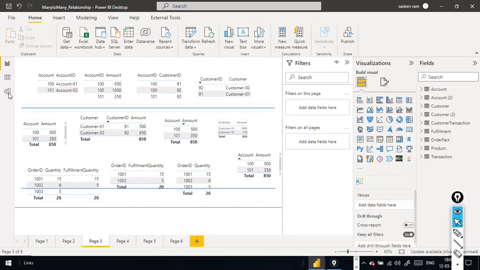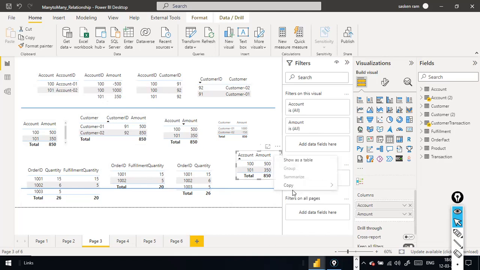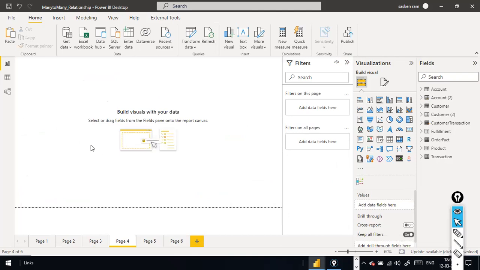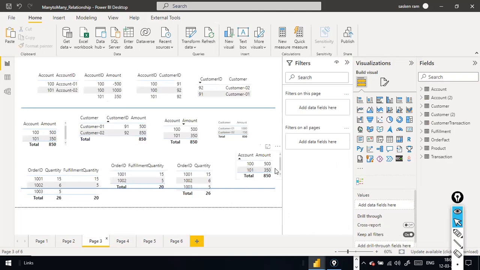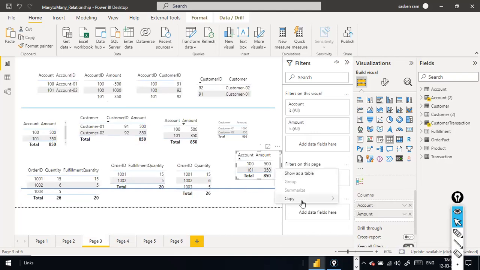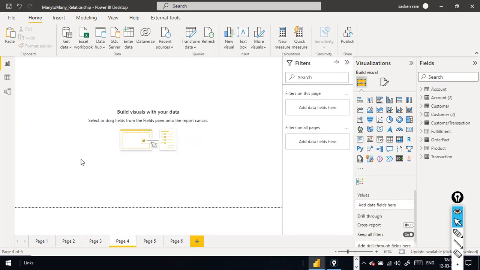If you see the data here, okay, I'll just put it here. This is a little bit clumsy here. I will just copy this visual to another page. I just right click on it and copy visual, and then go to the next page and put it here.